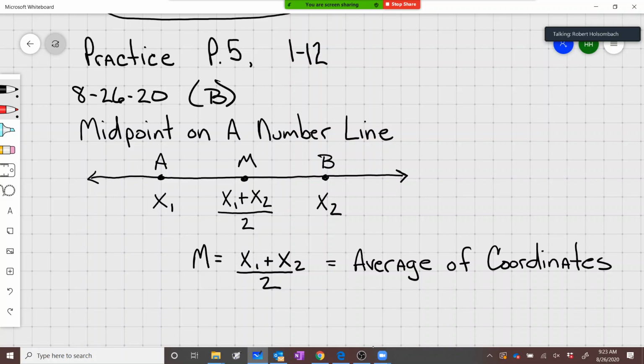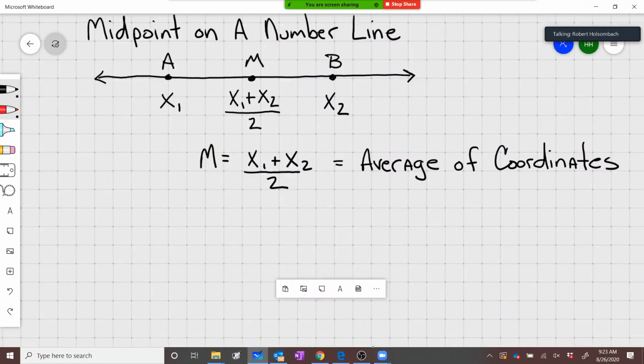Alright, so let's look at the midpoint on the coordinate plane.